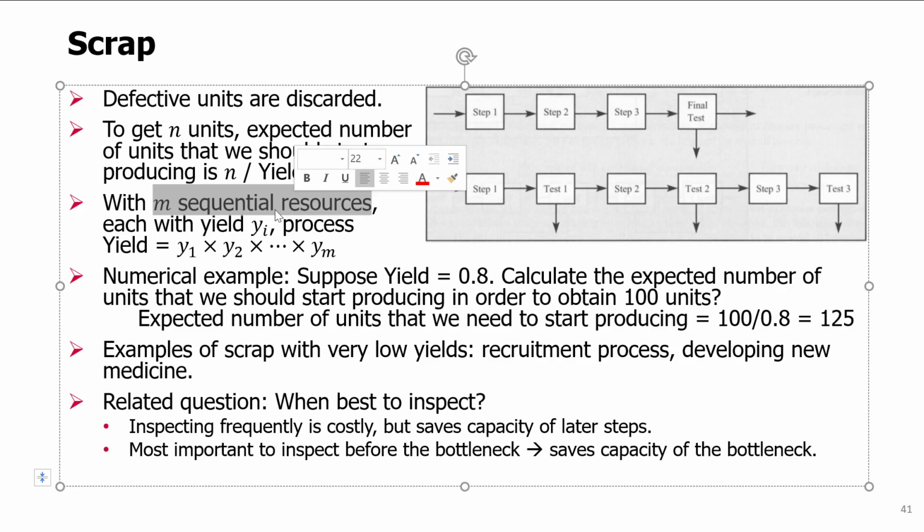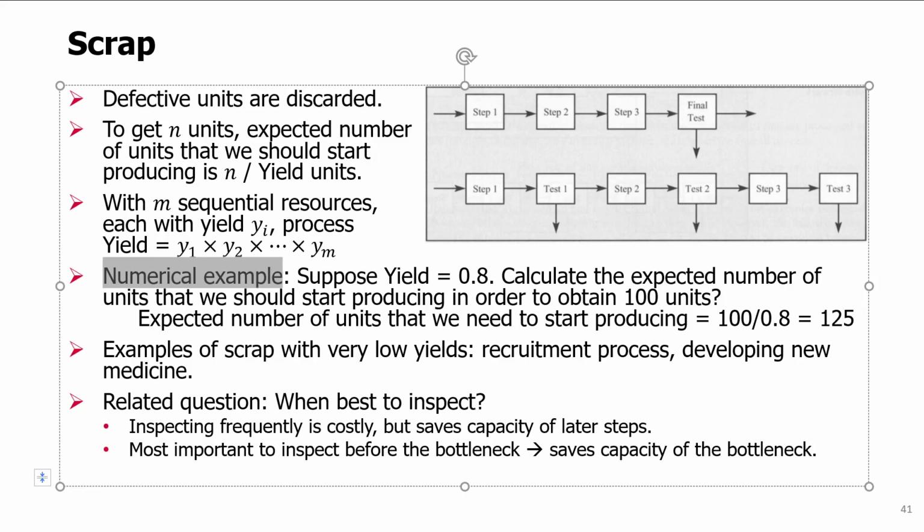With m sequential resources, notice that the yields multiply. So if I have, for example, 2 steps, each of them having 90% yield, the yield of the whole process will be 0.9 times 0.9 equals 0.81, which is 81% yield.